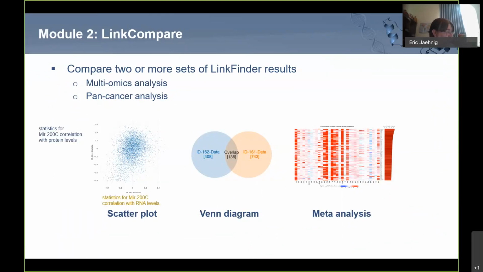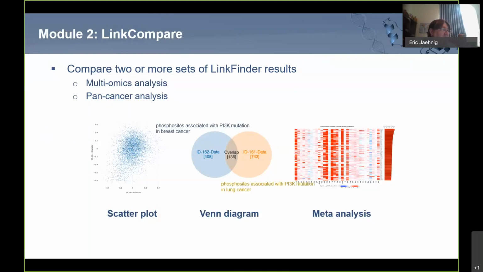For example, we might be interested in looking at how well MIR200C correlates with RNA levels and how well those correlations line up with the MIR200C, the microRNA 200C, correlation to the same protein. So this plot here that Link Compare enables shows the correlation statistics for MIR200C with all the genes at the RNA level, and then the corresponding correlation at the protein level on the y-axis.